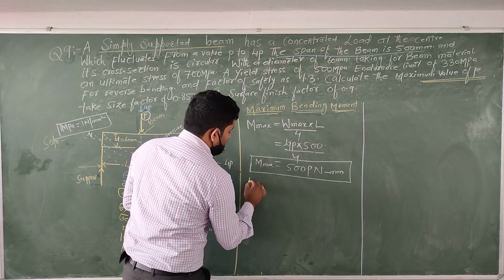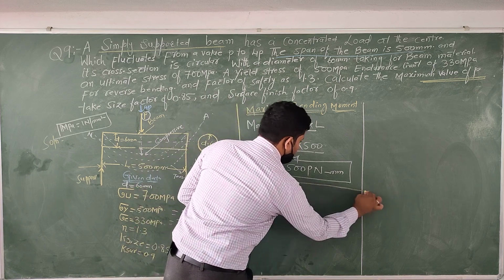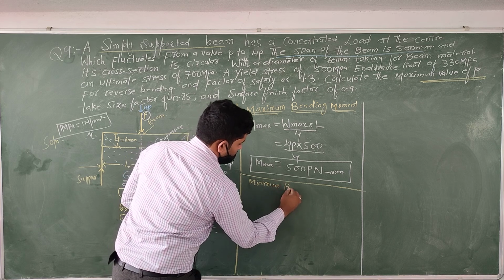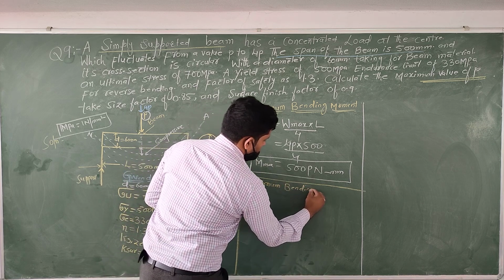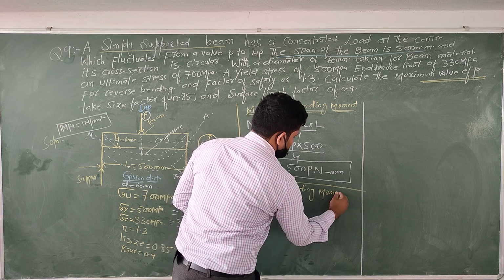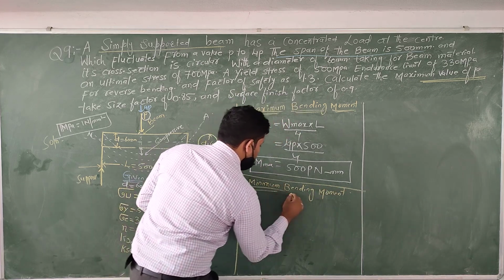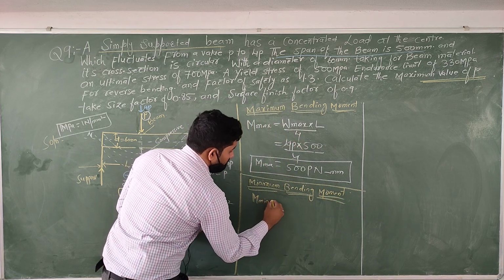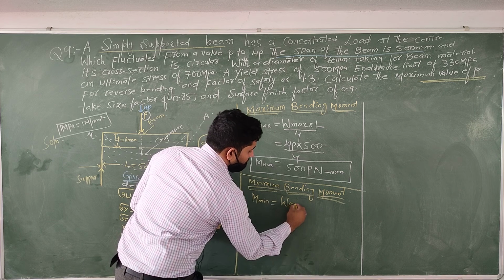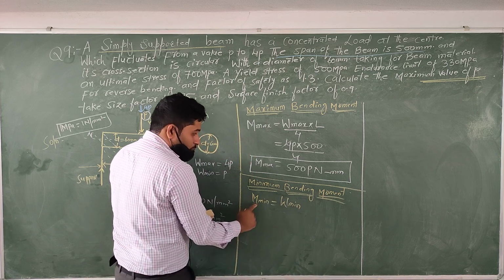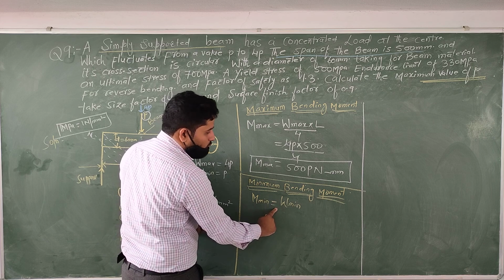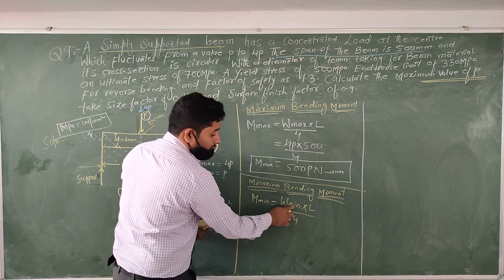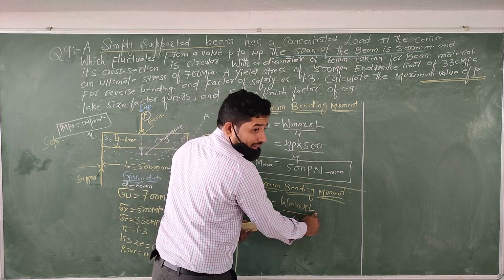If you want to find the minimum bending moment, we use the formula M minimum equals W minimum into the total length by 4.